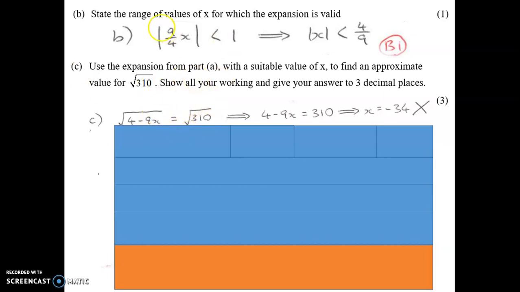And if you look at what we're trying to find, the root of 310, you might spot that that is equivalent to root 100 times root 3.1.